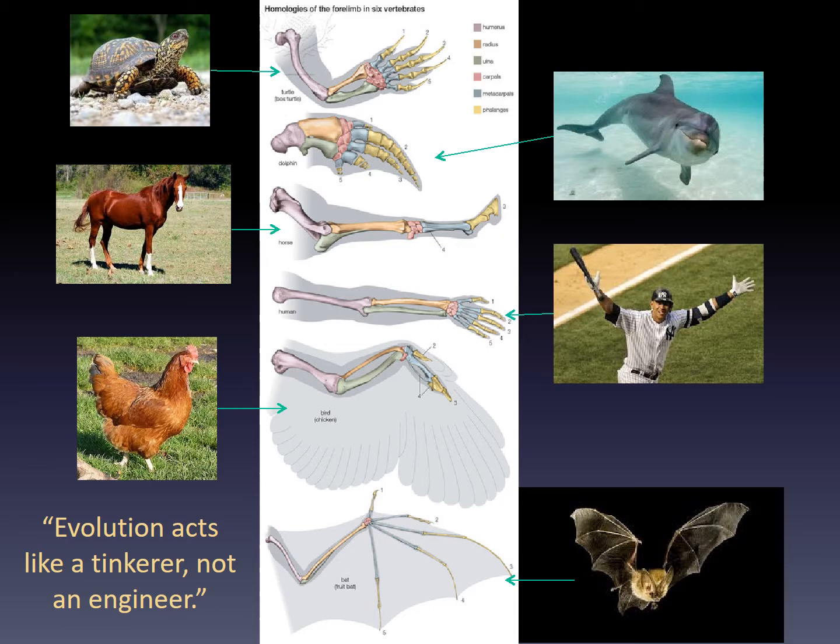Then I have a quote down in the left-hand corner that says, "Evolution acts like a tinkerer, not an engineer." What this means is that the bone conformation we inherited is what we're stuck with. And you can see that it was just adjusted for animals living in different environments instead of being designed from scratch each time.